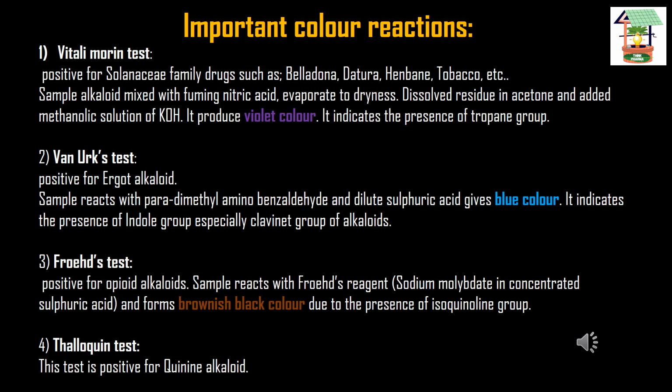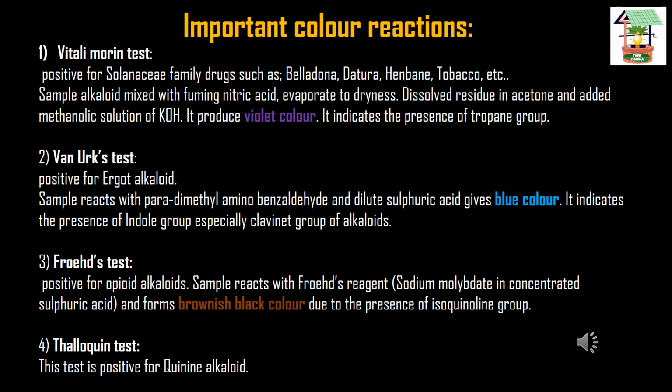And then some more particularly important color reactions. So Vitali-Morin test gives a positive result for the Solanaceae family, such as drugs like belladonna, datura, henbane, tobacco, etc. Our alkaloid is mixed with fuming nitric acid, and then it is evaporated to dryness.